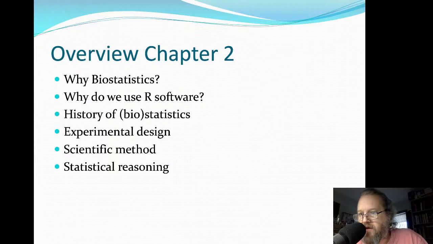Now, practicing scientists don't necessarily operate every waking moment on the cusp of the scientific method, right? They don't go step 1, step 2, step 3, but what in fact they do is that it's a core philosophy about approaching how to understand the way nature works. And so a big part of the scientific method is critical thinking skills, of course, and learning how to think about data. So statistical reasoning is a really important part of being a good scientist.